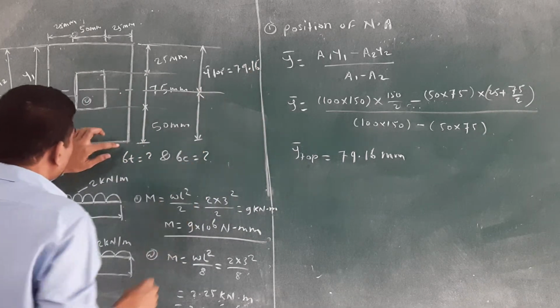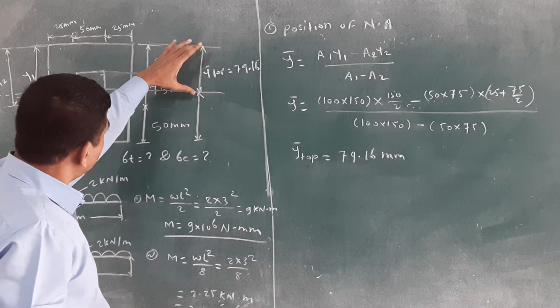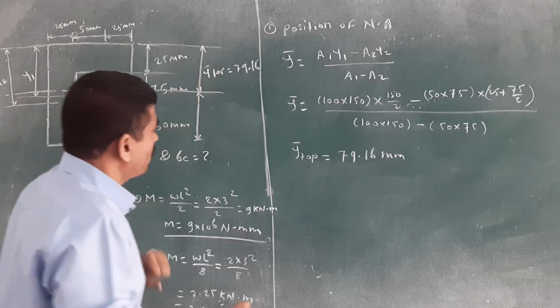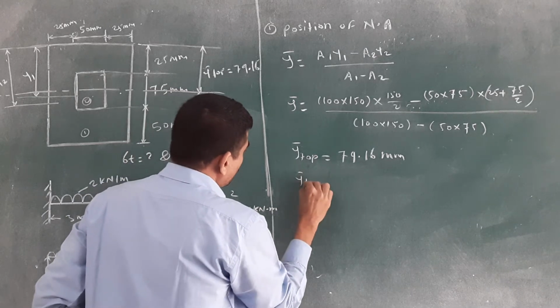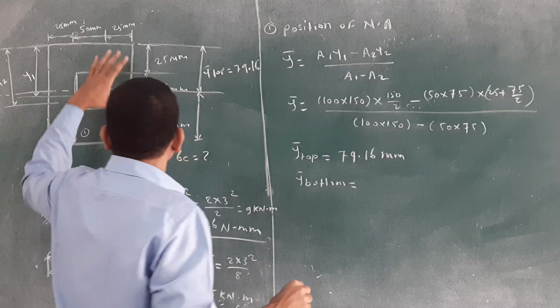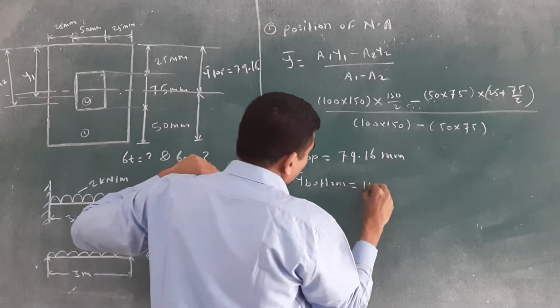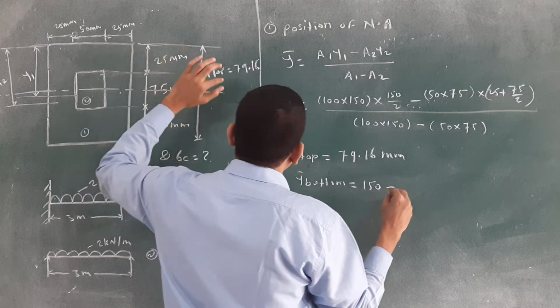Then how to calculate the y bar bottom? If you had started from the bottom, then you would get this value directly. We are starting from the top, that's why you get the y bar top. How to calculate the y bar bottom? Check that the total depth of the given component is 150 minus this y bar top.